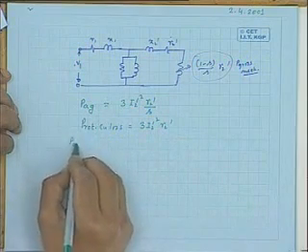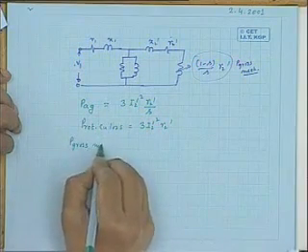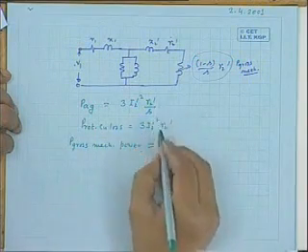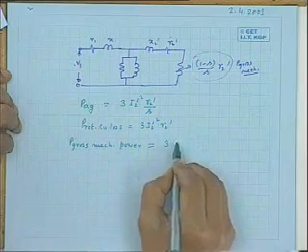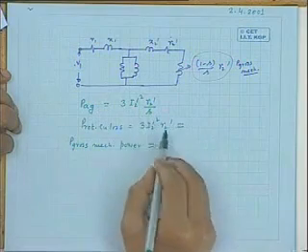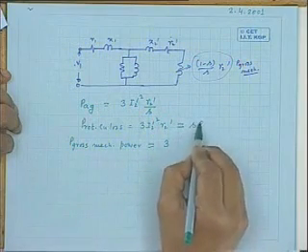Therefore, the gross mechanical power developed will be the difference between these two, which, as you can see, is nothing but S times PAG.